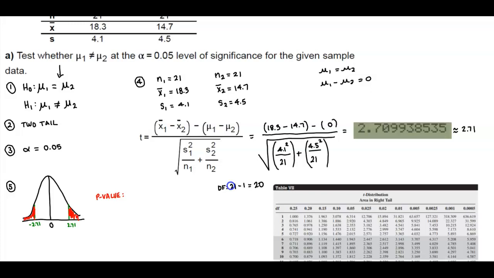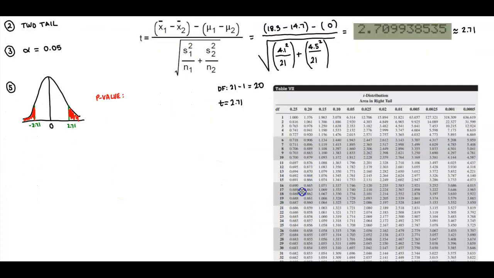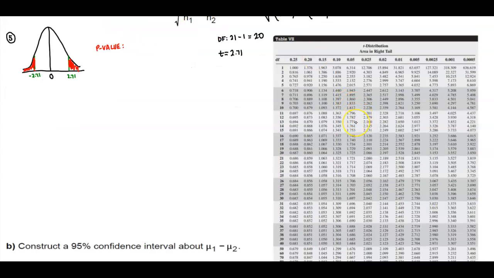Then we use the test statistic, which is 2.71. We come down here and look for the degrees of freedom, which is 20. Here are our degrees of freedom, and then we look for the number 2.71. Where is 2.71?